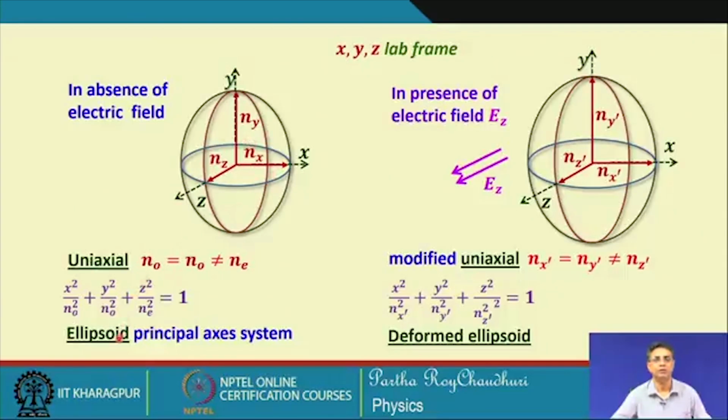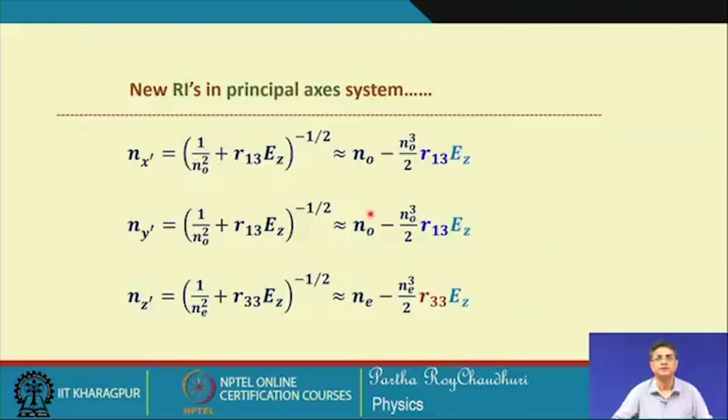Now, after you have applied the electric field along the z direction, E z, it is going to affect all the n x, n y and n z, but it still remains uniaxial, and the ellipsoid does not undergo any rotation, only its size changes in terms of the new refractive indices n x dash, n y dash, which is again not equal to n z dash. You may like to go back and see the changes.